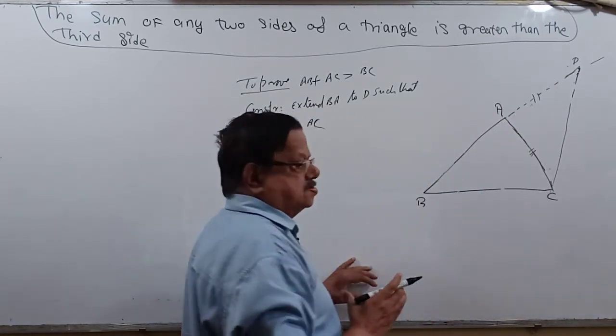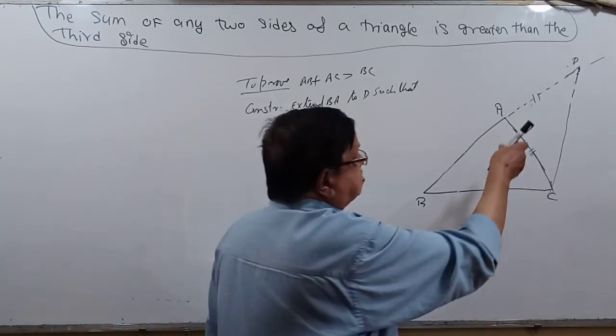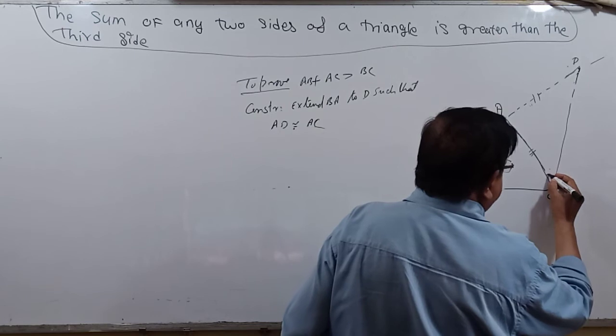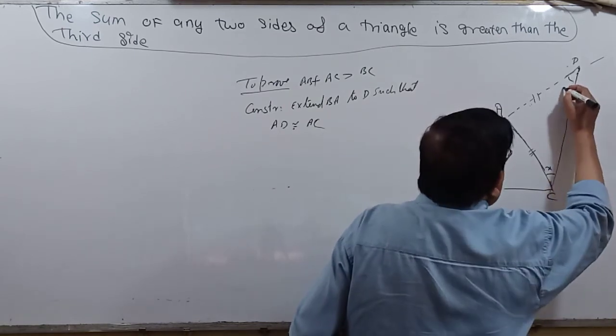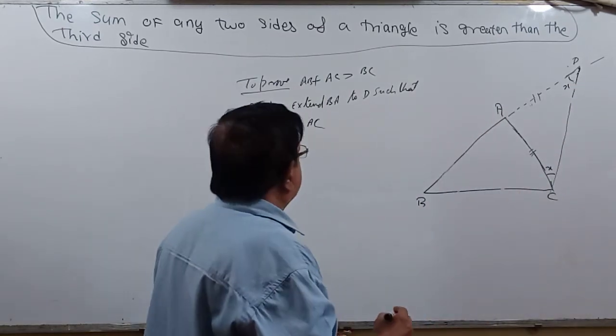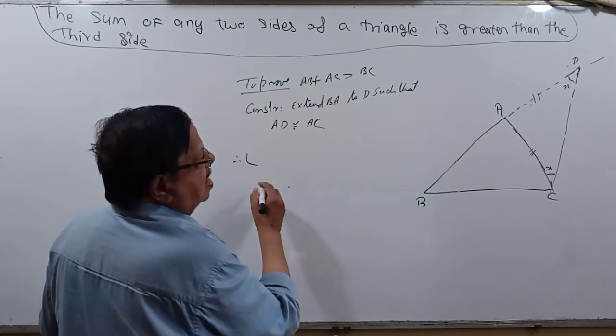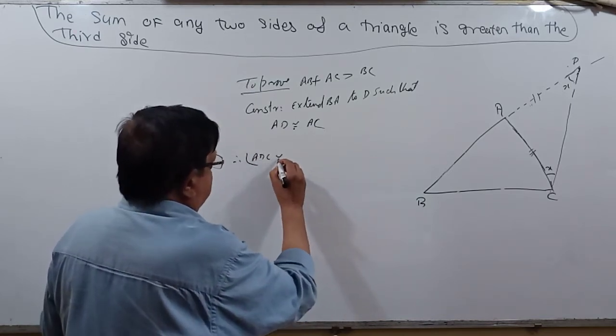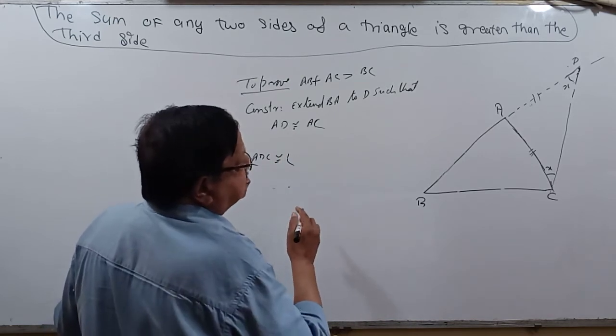That's what the construction is. If this is congruent to this, definitely we can say this angle is equal to this angle. Isosceles triangle. Therefore, angle ADC is congruent with angle ACB.